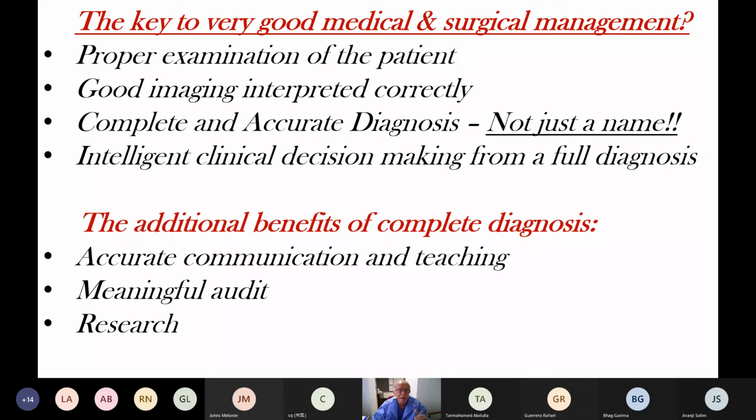You have to add in the diagnosis all those other lines of diagnosis. And you need intelligent clinical decision making from a full diagnosis. So the additional benefits of a complete or a proper diagnosis applied particularly to AVSD are accurate communication and teaching, meaningful audit, and meaningful research.